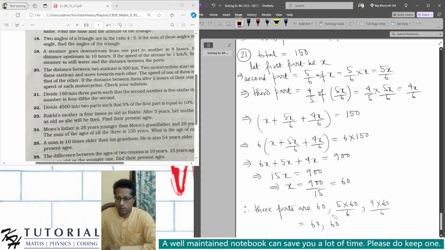So the second part will be 50, and the third part is 40. So 60, 50, 40 are the three parts.